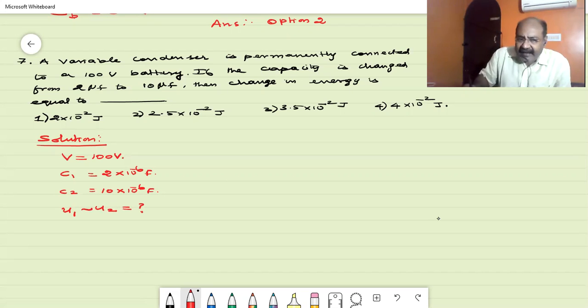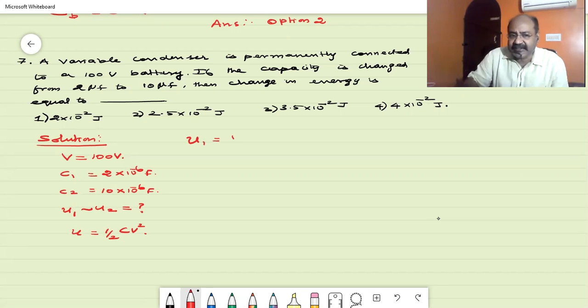I can consider the formula for energy. In general, the potential energy is given by the formula half into C into V square. If so, epsilon 1, the initial potential energy, is half into C1 into V square. V is a constant. Epsilon 2 is half into C2 into V square. Since C2 is higher, U2 is higher.